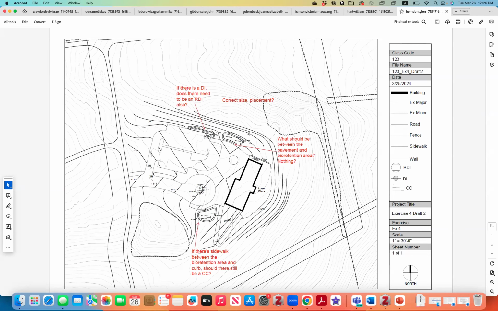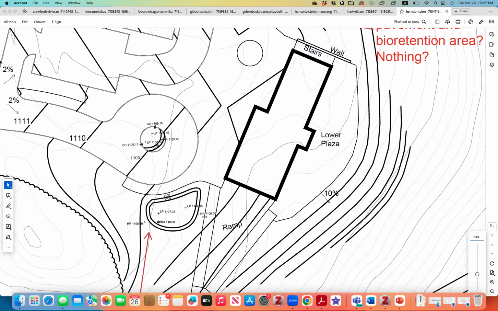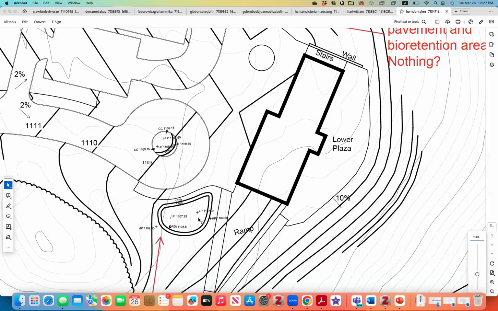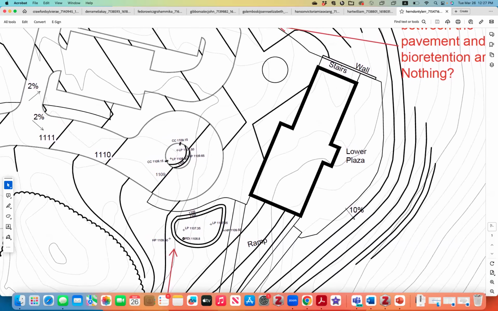So let's take a look at this one. Well, for this one, I first want to understand if it's for the drop-off area or if it's for the plaza, right? You would want to separate them. For the drop-off area, the lowest point is here.